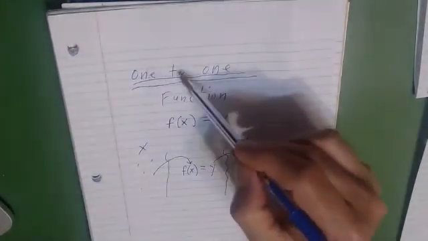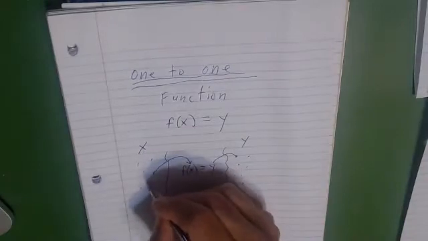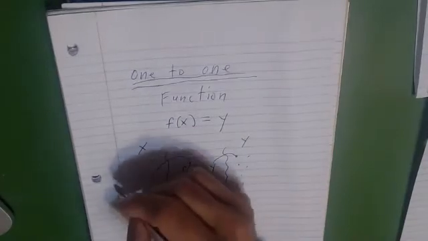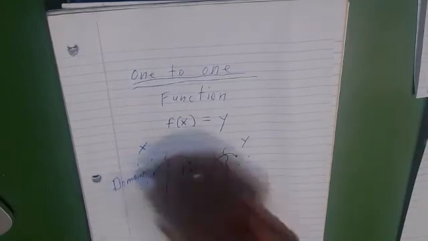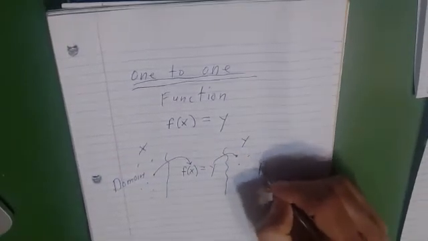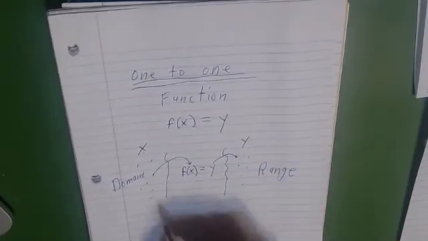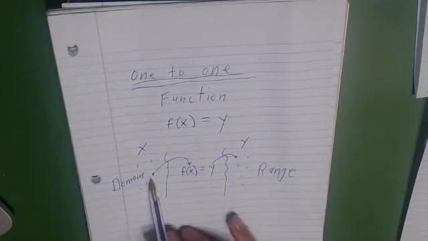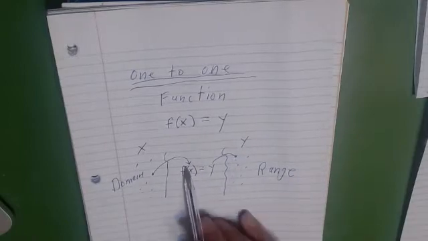So for this function to be 1-to-1, any x that you select over here in the domain of f of x, and this space over here would be the range, can have only one y value in the range.